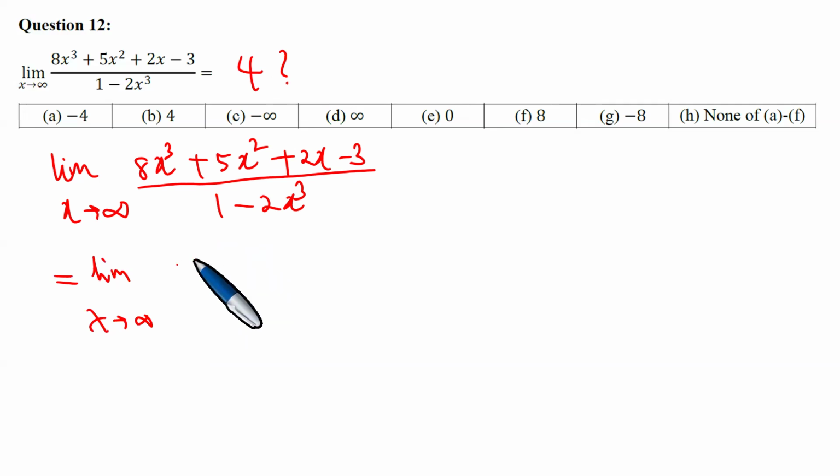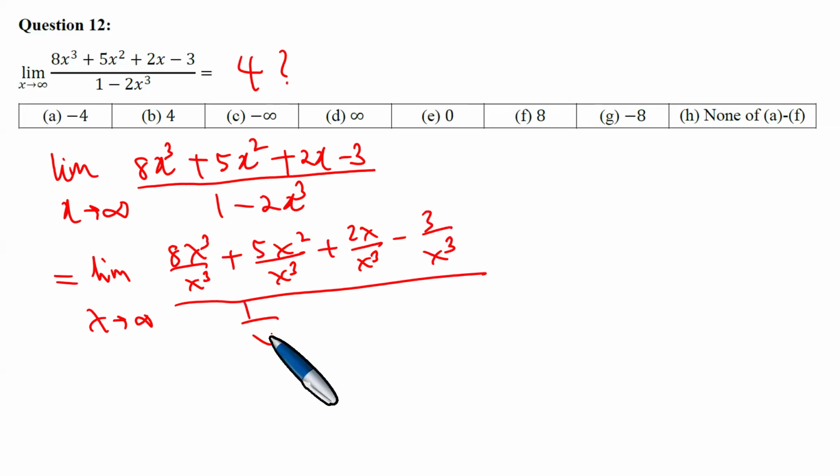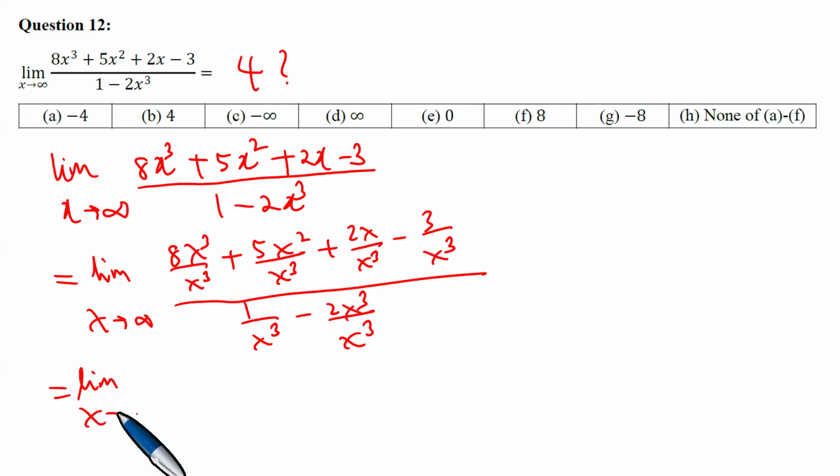To check the limit, we need to divide by the highest power of x, which is x cubed. So you have 8x cubed over x cubed, minus 5x squared over x cubed, plus 2x over x cubed, minus 3 over x cubed, all divided by 1 over x cubed minus 2.